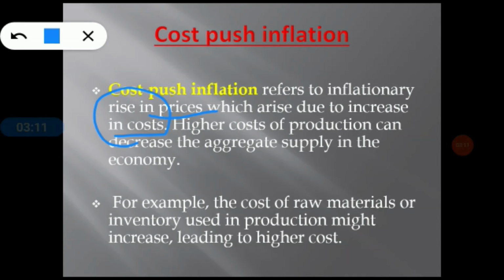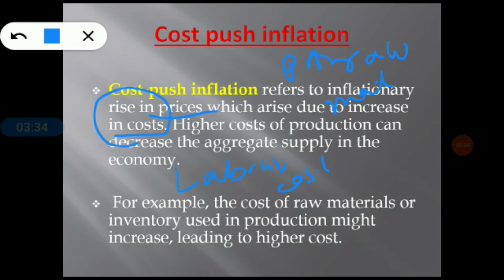Cost means cost of production, and that indicates the prices of raw materials. Not only the raw materials, it includes the labor cost, it includes entrepreneurs' profit, it includes interest rate also.